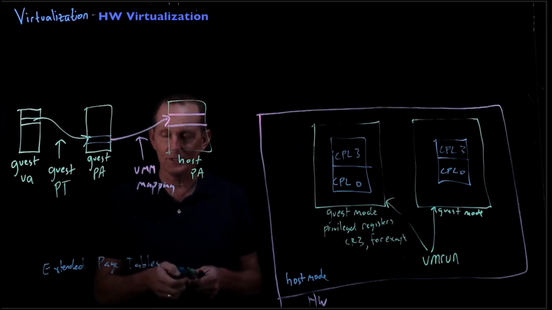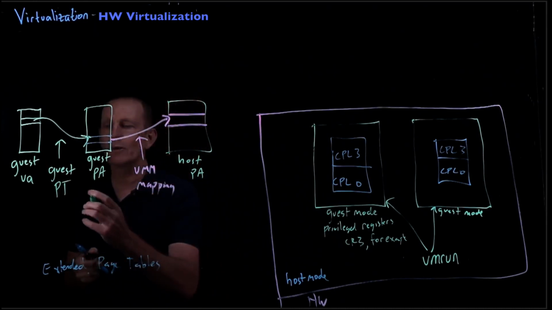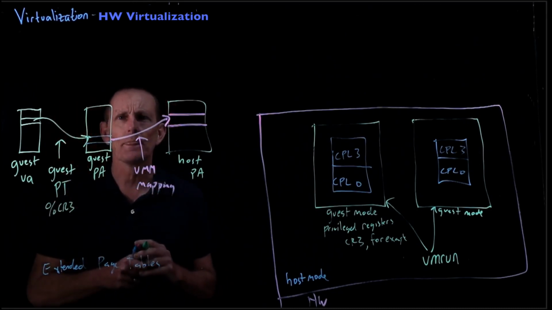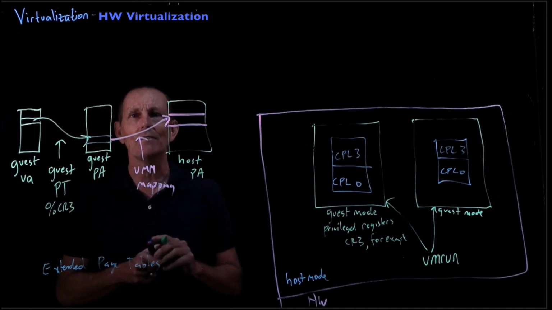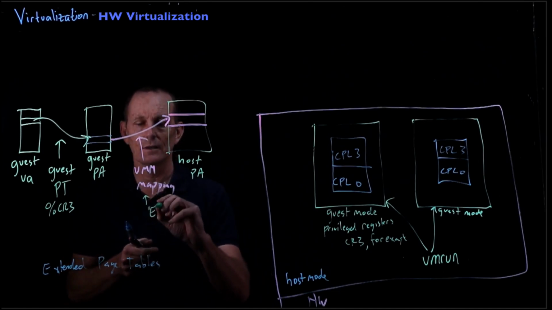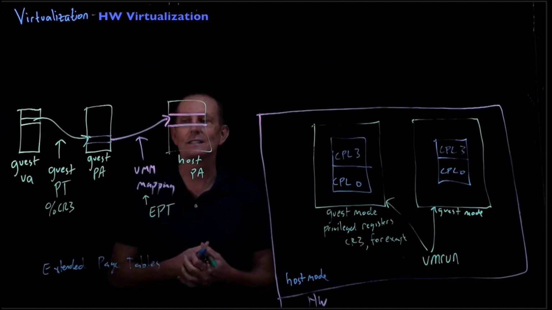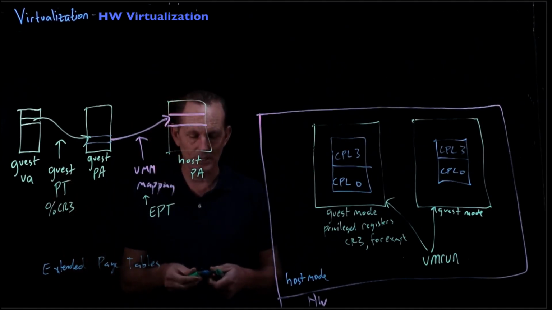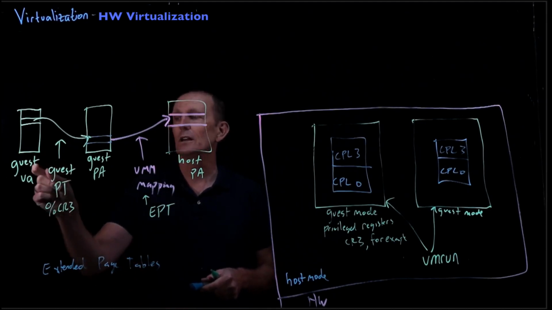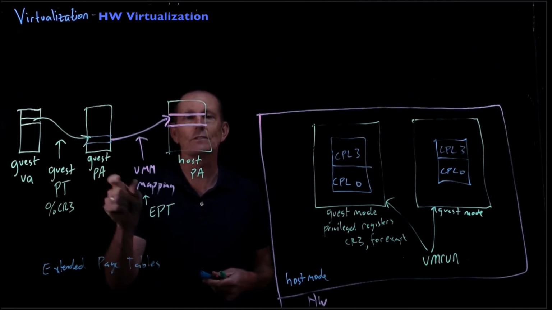We had to actually either have software doing this, or hardware with a single page table that combined the effects of both of these. Well, extended page tables say, fine, go ahead and have your guest page table with your CR3 register, and then have a separate extended page table that exists in conjunction with the guest page table. So what the hardware will do is take a virtual address, take the CR3 page table, and convert from a guest virtual address to a guest physical address.